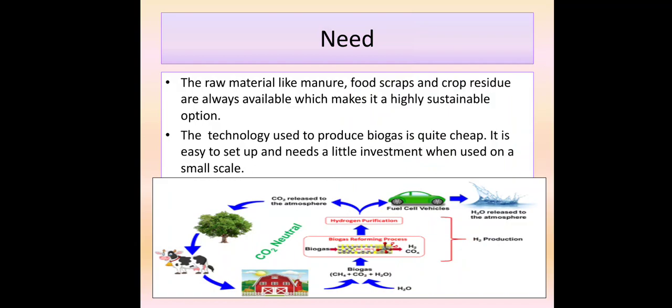The raw material like manure, food scrap and crop residue are always available, which makes it a highly sustainable option. The technology used to produce biogas is quite cheap. It is easy to set up and needs a little investment when used on a small scale.